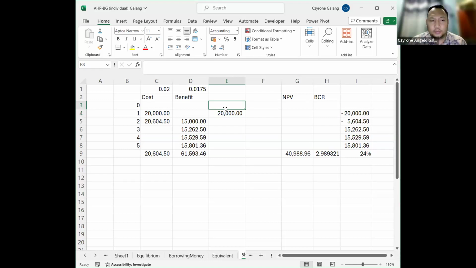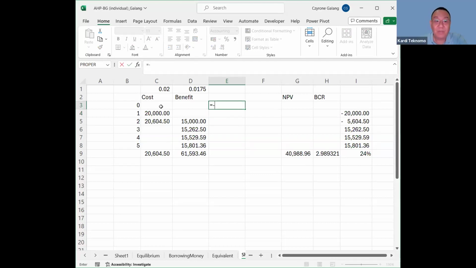Minus PV, that is a function formula. P, correct, and the rate is that. Oh, the rate is also changing.